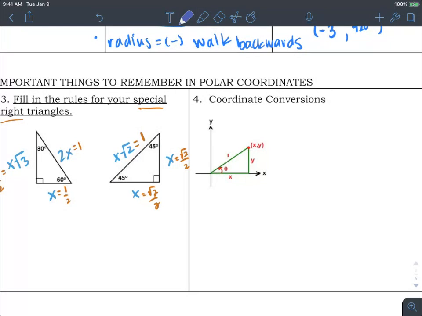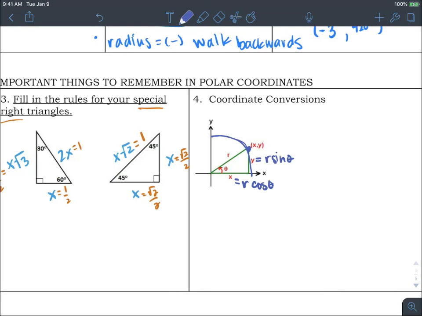Remember, if we have a point on the unit circle, so if you imagine this being a circle, then I know that the y coordinate is equal to r sine theta. The x coordinate is equal to the radius times the cosine of theta.